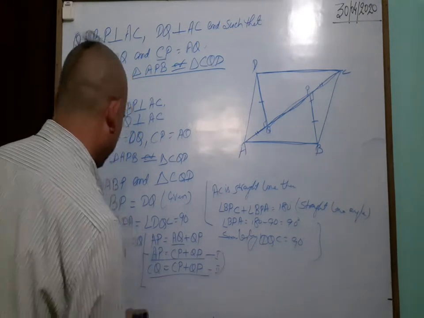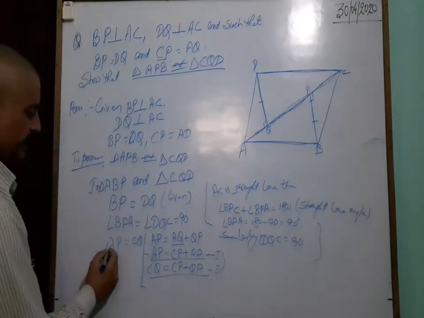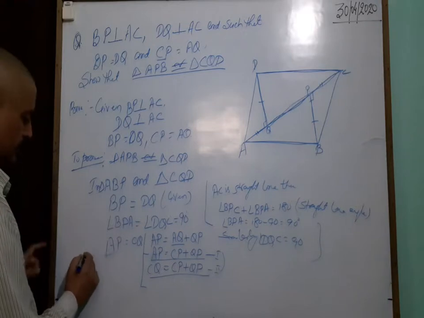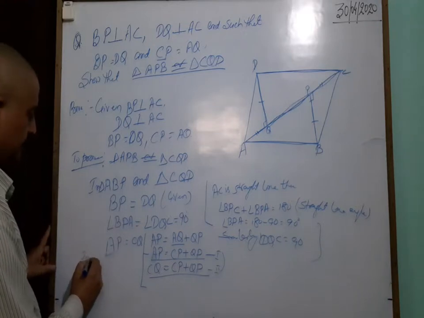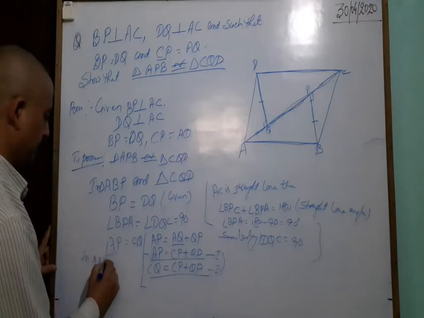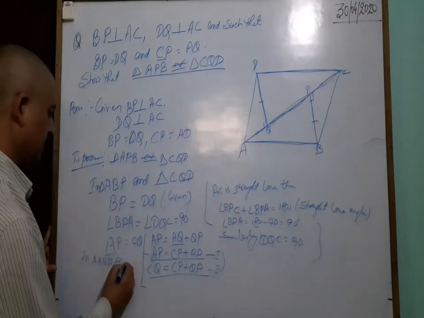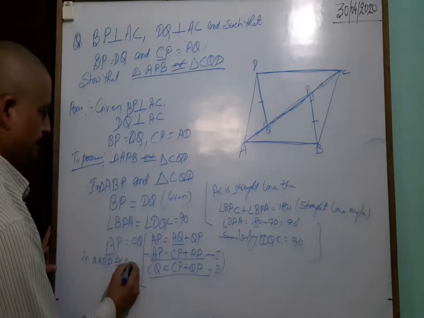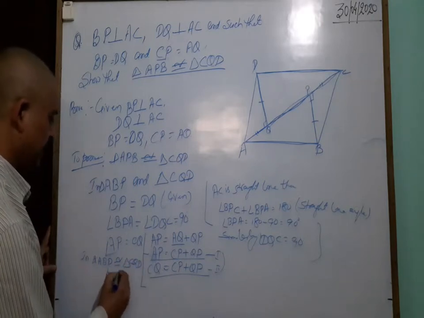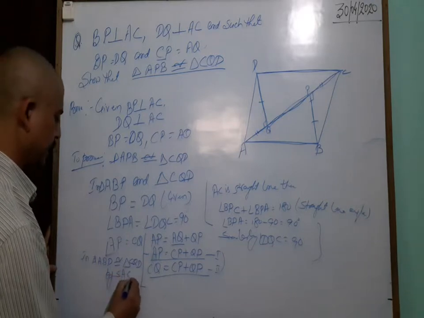So we write that AP is equal to CQ. So triangle ABP is congruent to triangle CQD by the SAS category.